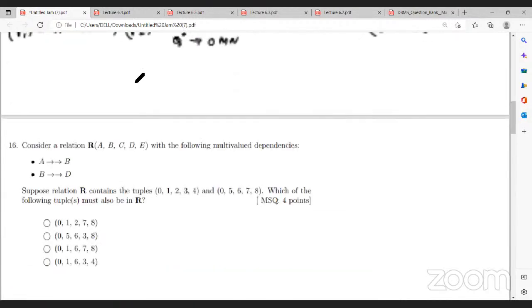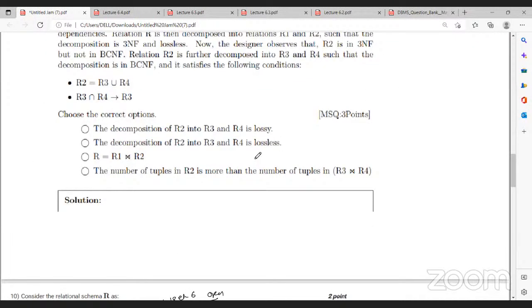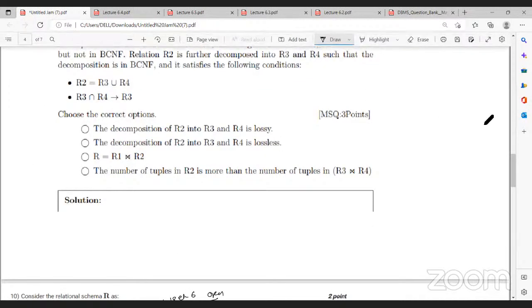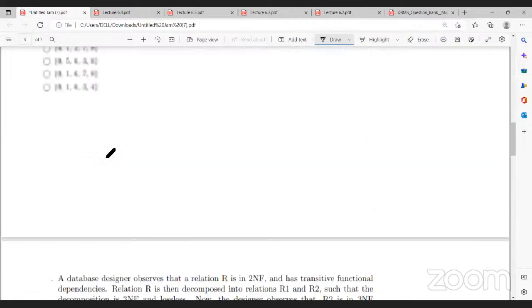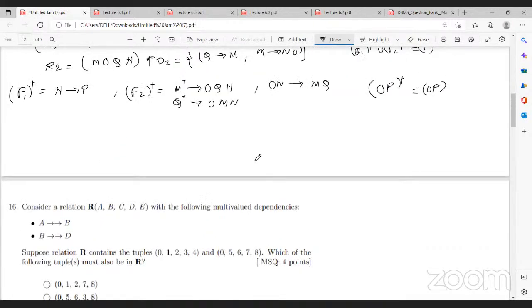So I think this is an easy question from MOOC. For lossless, R1 intersection R2 should determine R1 or R2. So here you can see if these two conditions are satisfied, then the decomposition is lossless. Okay. So any doubt in the normalization part, that is 1NF, 2NF, 3NF, BCNF?